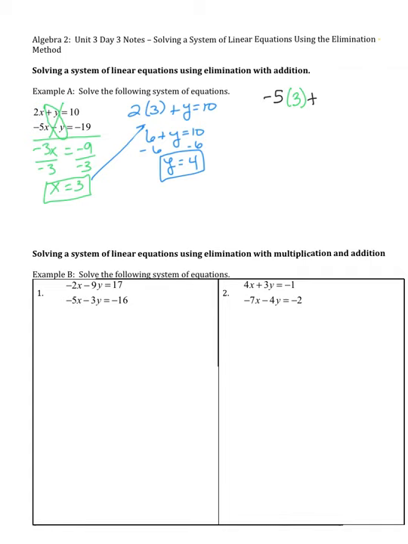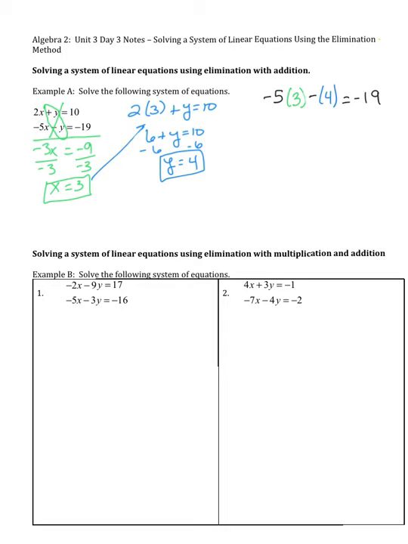Oh, that's a minus. My apologies. If I was perfect, you wouldn't recognize it was me. Minus 4 equals negative 19. All right? 3 and 4 are replacing the x and the y.